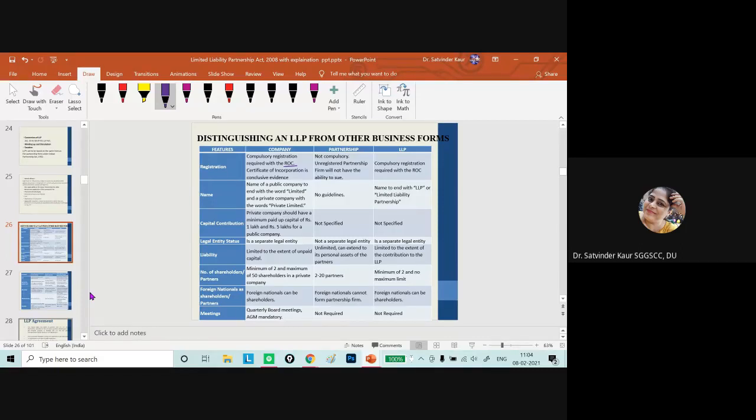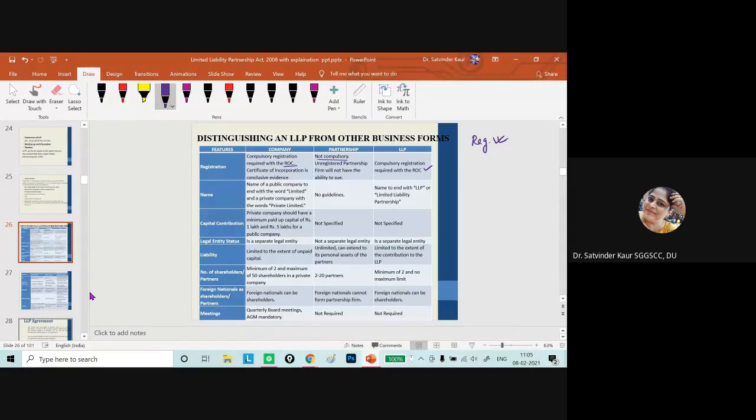But in the case of a partnership firm, registration is not compulsory, though we know that because of the benefits, firms get registered. But in case of LLP, again, compulsory registration is required with the Registrar of Companies itself.